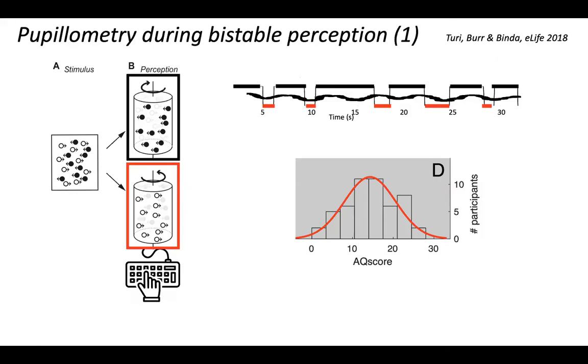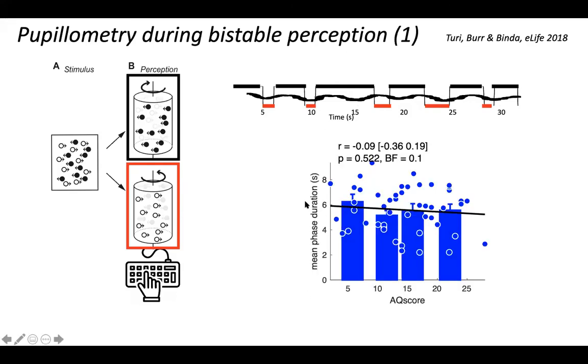Now, to our surprise, we found that all the persons that we tested were all very similar in that they all saw the illusory cylinder, they all experienced the bistable perception, and even if there were differences in the mean duration of the perceptual phases, so in the speed of the bistability, these were completely unrelated with the autistic traits, with the AQ scores.